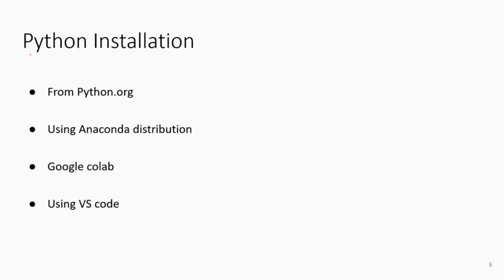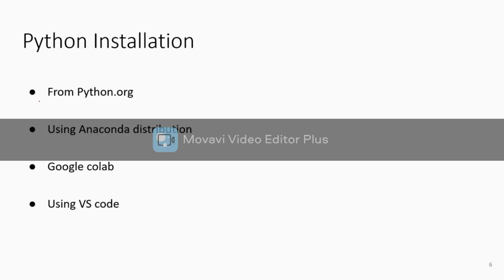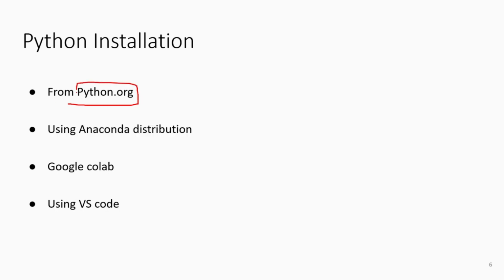Then Python installation. Now we can install Python in a variety of ways. I am introducing 3 or 4 ways in which you can install the Python programming language. First one is from python.org. You can go to this particular website, and from there you can install Python directly.